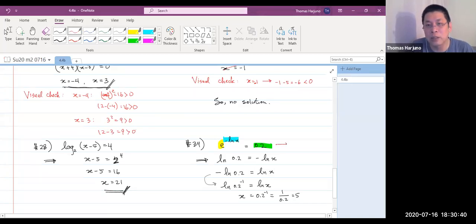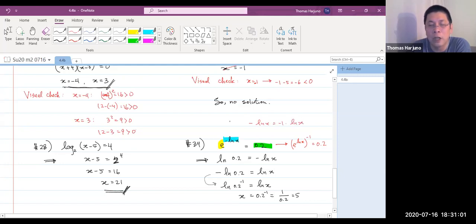We rewrite this as e to the ln x to the power of -1 equals 0.2. So I basically see negative ln x as -1 times ln x.